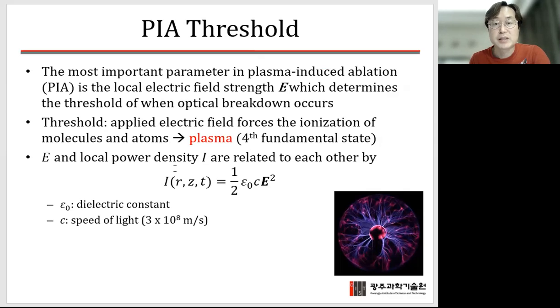And then that is basically the plasma state, which is also called the fourth fundamental state. This electric field E and the local power intensity I are related to each other here. So you can see that the intensity, the power density, is going to be proportional to the square of the electric field.